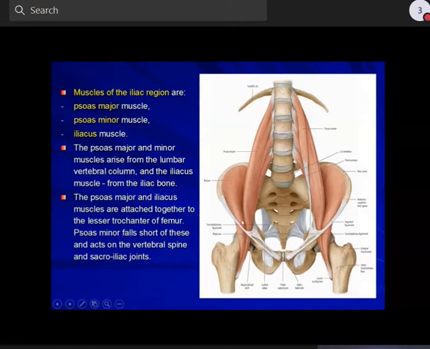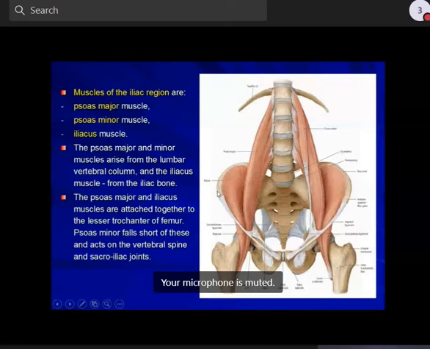Iliacus, that is a flat muscle that fans towards the lesser trochanter. The psoas major, starting with the lumbar spine, and inconstant psoas minor, the shortest one, which does not enter the thigh.